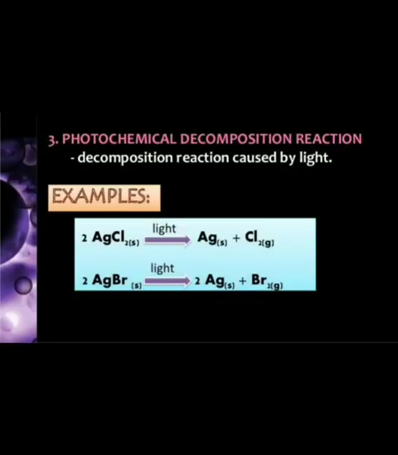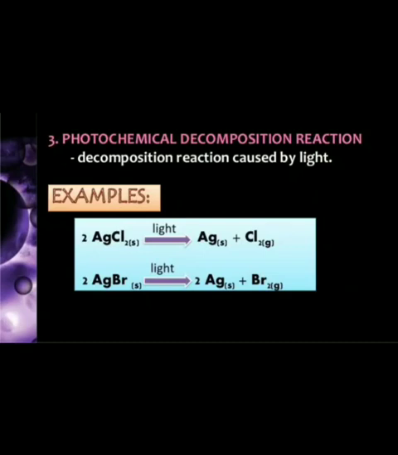Then see, the next one is photochemical decomposition reaction. Already you know that photochemical means the chemical reaction which is brought about in the presence of light. For example, silver chloride, when decomposed in the presence of light, produces silver plus chlorine.